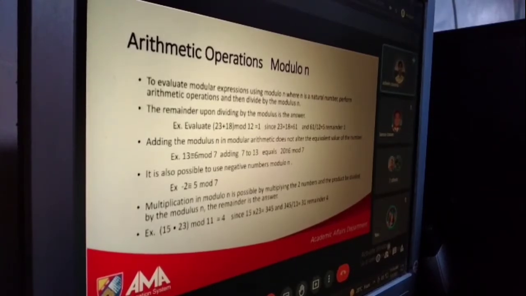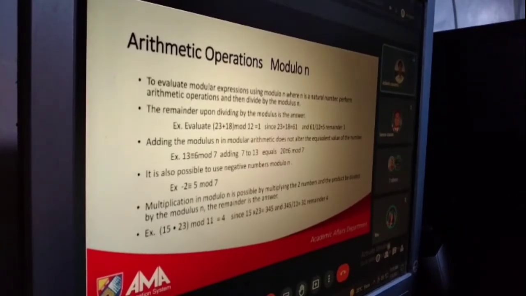Okay, multiplication. Ito naman multiplication, kanina addition. So, 15 times 23 with the modulus 11 is equal to ilan yung magiging remainder natin. Same as what we have in the addition of the two given integers in the modular arithmetic. So, 15 times 23, ilan po? 345 ba?